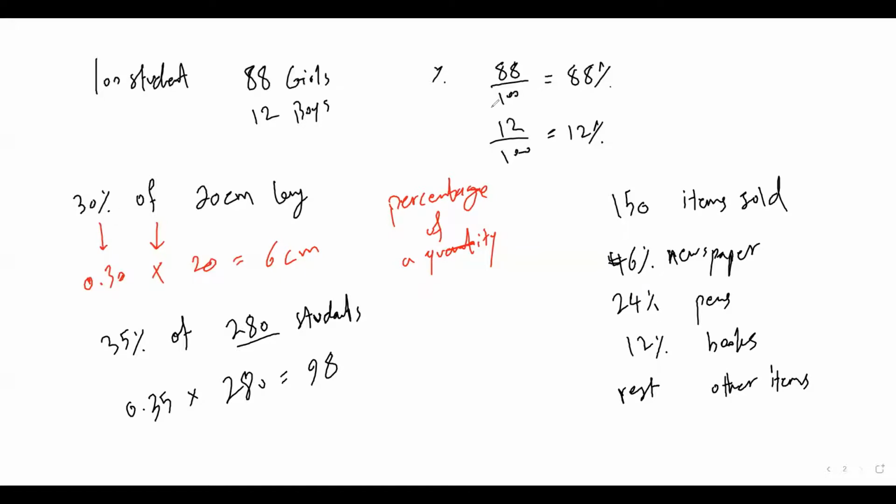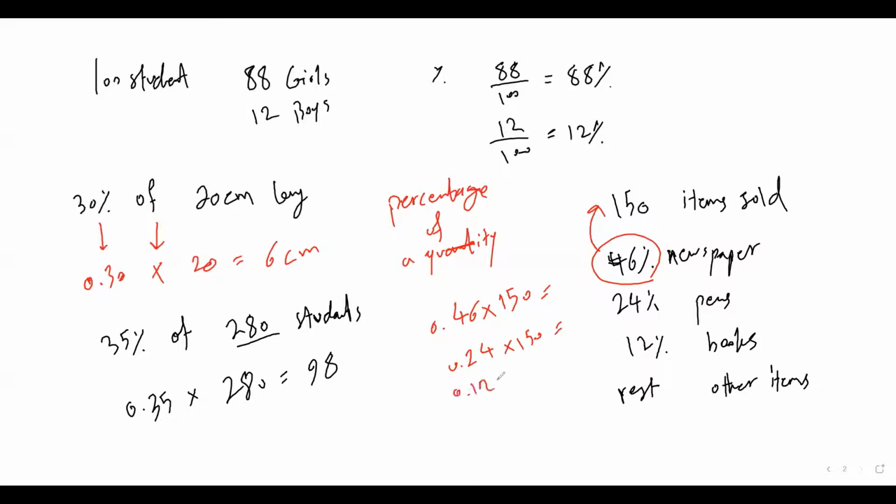Now, what you need to do, you just take each one of these numbers and you multiply that by 150 because 46% of total items were newspapers. So 46, which is 0.46 times 150, that would be the newspapers. 0.24 times 150, that would be the pens, right?